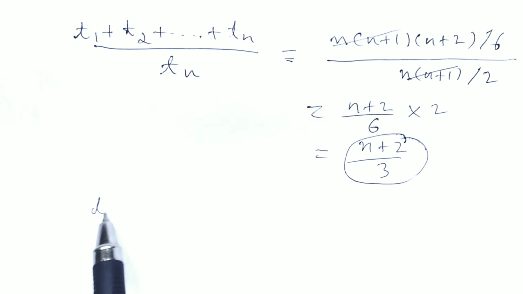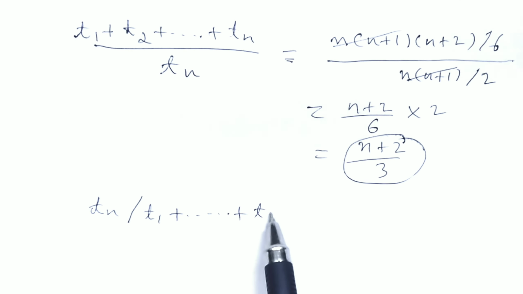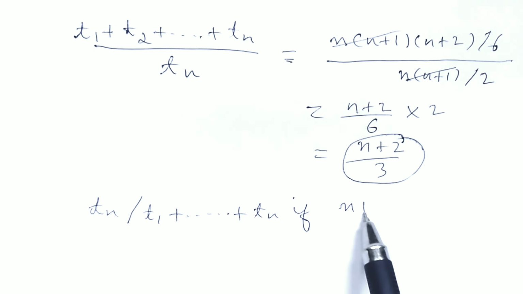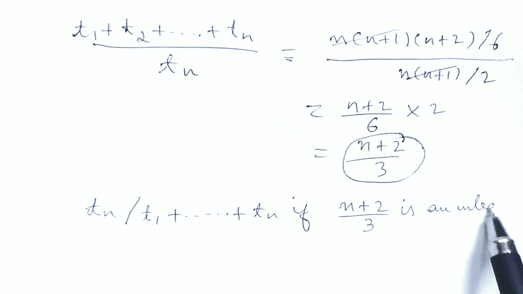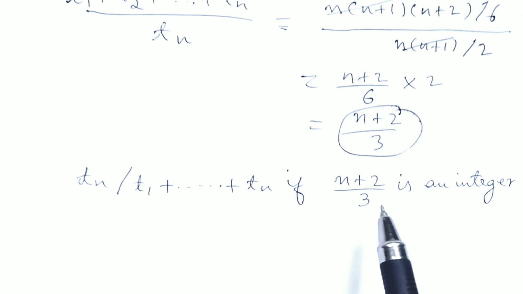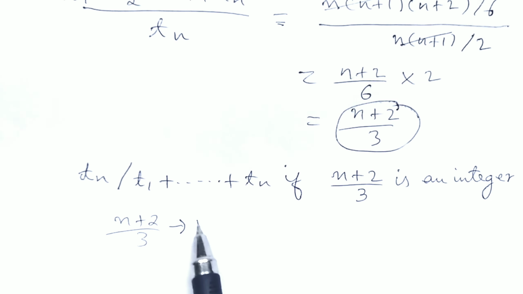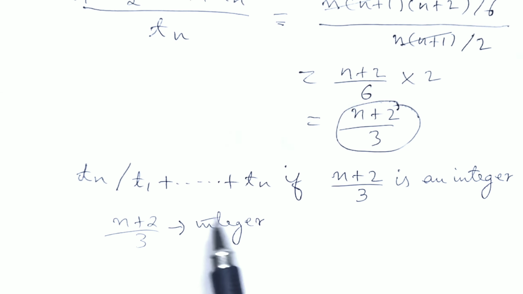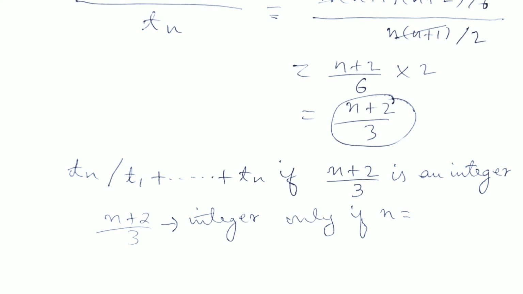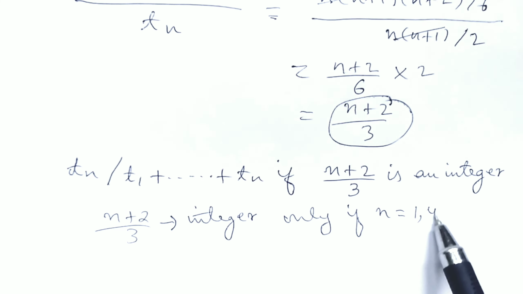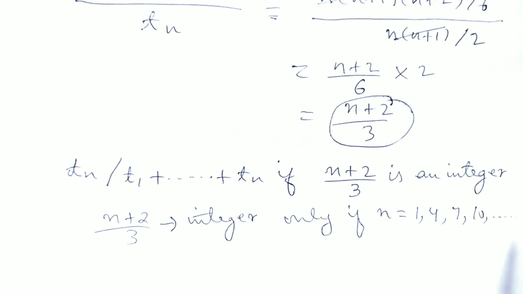Your Tn divides T1 plus ... plus Tn if (n plus 2) by 3 is an integer, and this will be an integer only if the values of n are 1, 4, 7, 10 and so on.